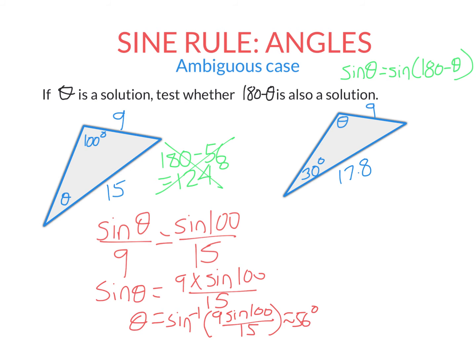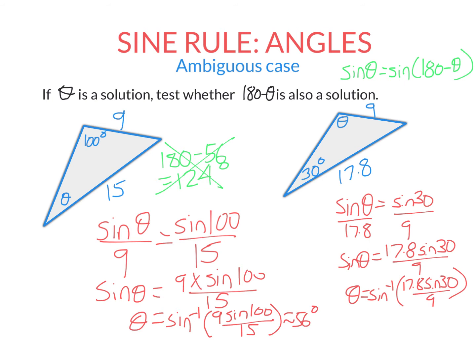But over here, it turns out there will be. We're going to do the same steps as we did here to find theta. So we have sine of angle over its side equals sine of angle over its side. Again, angles on top when you're finding an angle using the sine rule. Then we multiply each side by 17.8 and take the sine inverse. Putting that on our calculator, making sure we're in degrees mode, we get about 81 degrees.